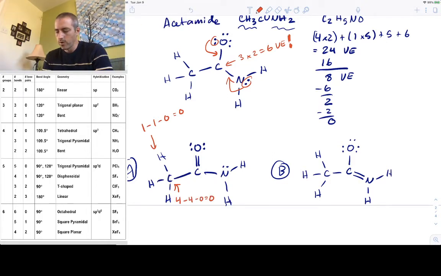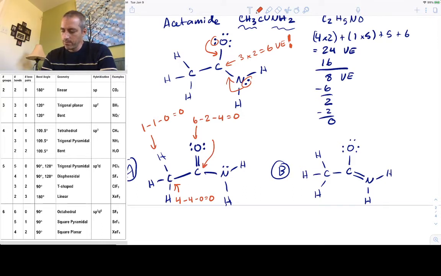So there's no formal charge on that carbon. The oxygen has 6 valence electrons, remember, minus 2 for the double bond, 2 bonds, minus 4 electrons for the 2 lone pairs is 0. So far everything's great. No formal charges. 0 formal charges is the best way to have it.